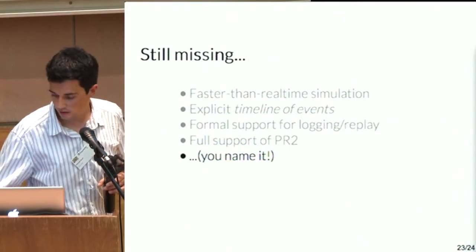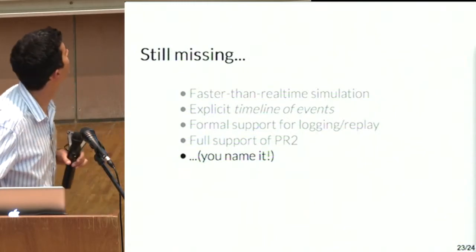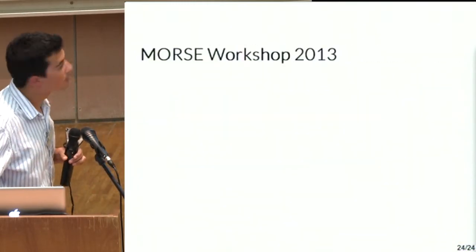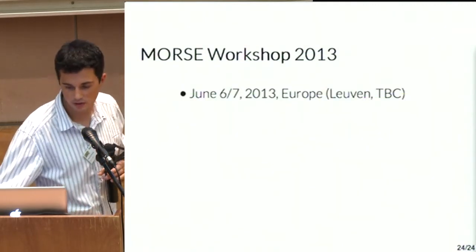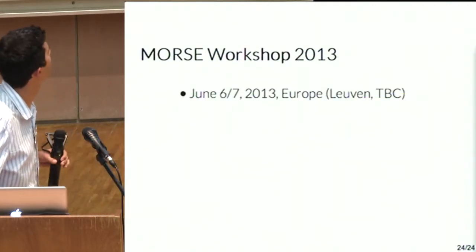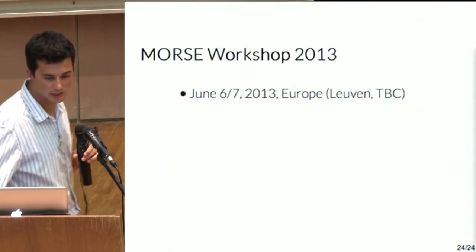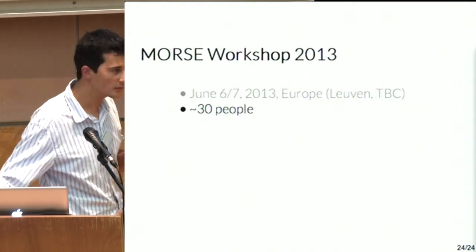So, speaking about merging, there will be a workshop on the 6th and 7th of June in Europe, might be in Leuven, in Belgium. This is to be confirmed. We expect around 30 people. You're all welcome.